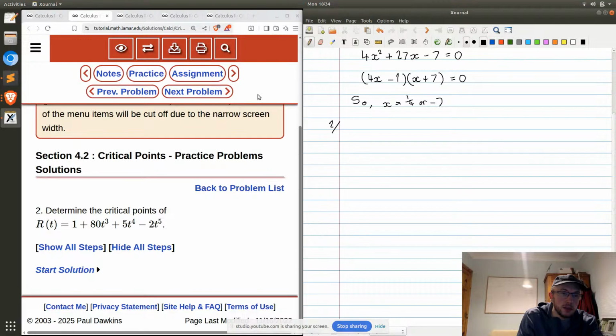Question 2, determine the critical points of r of t equals 1 plus 8t cubed plus 5t to the 4, take 2t to the 5. So we find r prime of t, the constant disappears, this becomes 24t squared, this becomes 20t cubed, this becomes negative 10t to the 4.